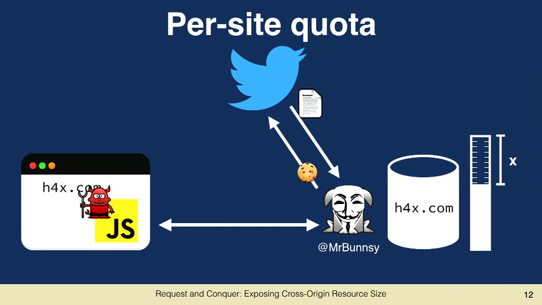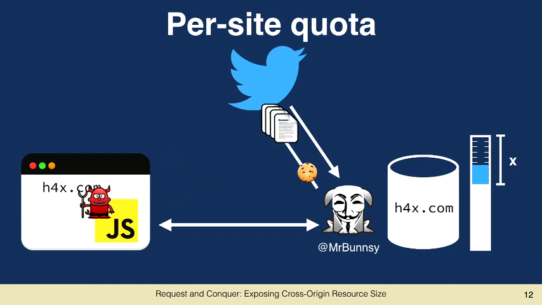And Twitter will answer with a response. The attacker can determine that this response will be added to the cache of hex.com. So this fills up the cache with an unknown amount of bytes. Then in the last step, the attacker will again try to completely fill up the cache, but now he notes exactly how many bytes are needed until he reaches the quota.